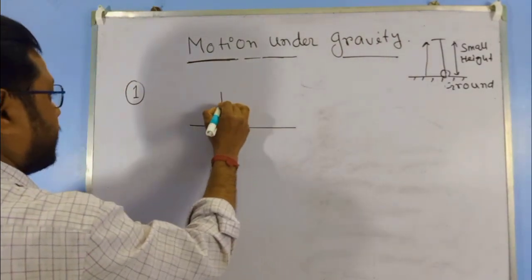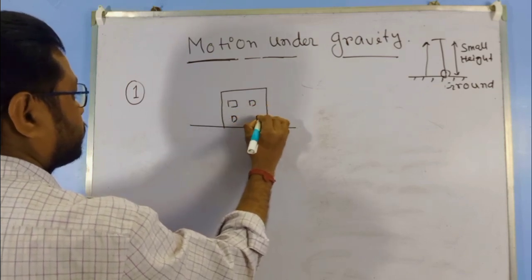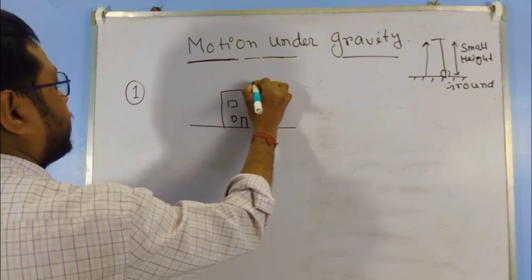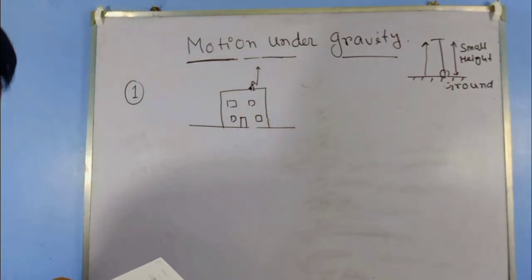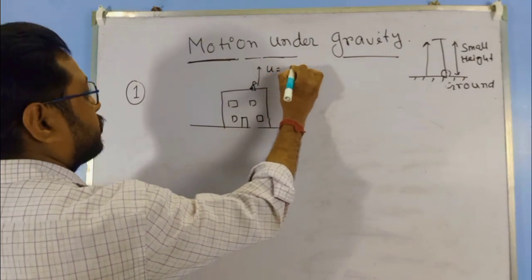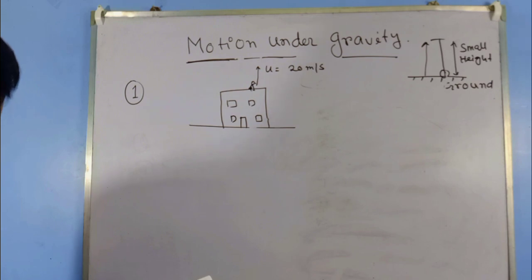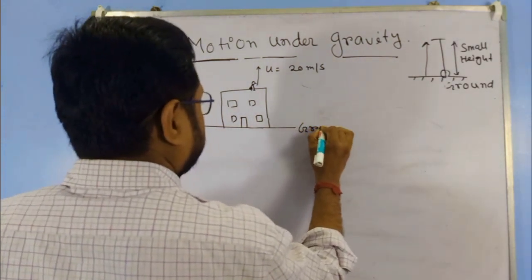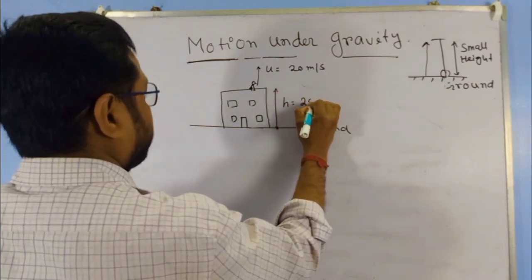Suppose this is a building, someone is standing here and the ball is thrown vertically upwards with an initial velocity of 20 meter per second. The height of the point from where the ball is thrown is 25 meter from the ground. We take this as the ground, so the height of projection h equals 25 meter.